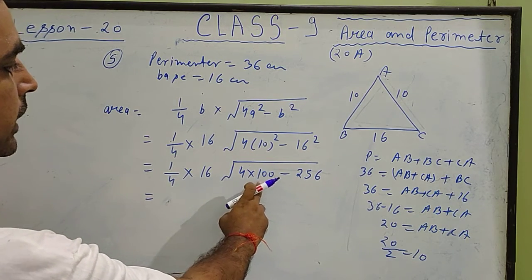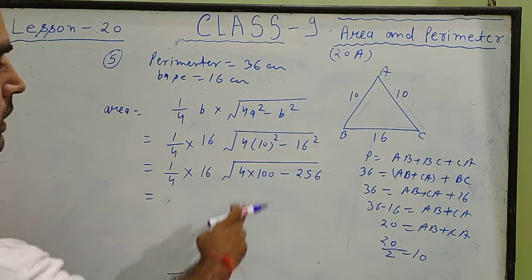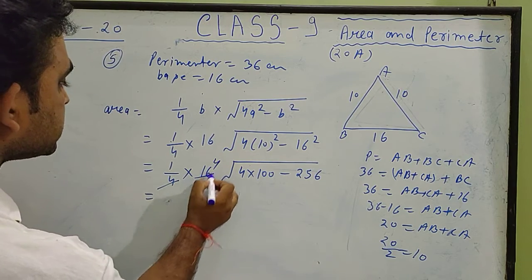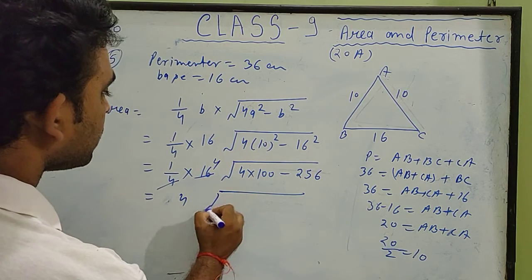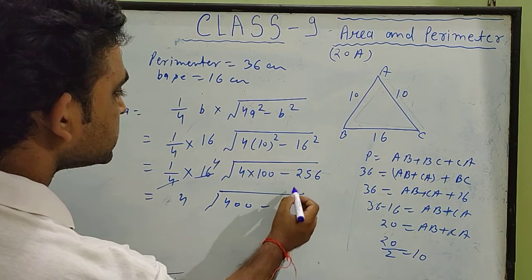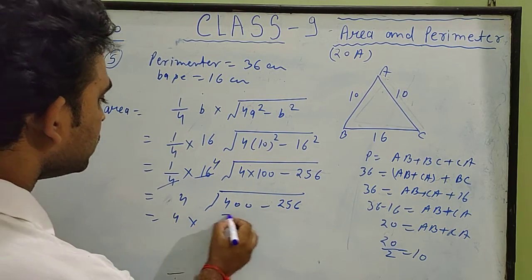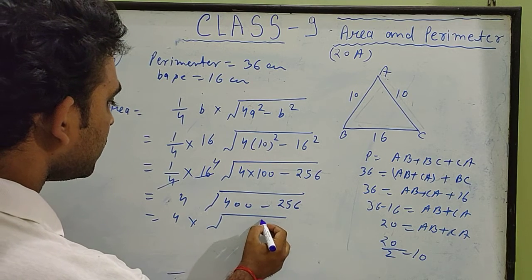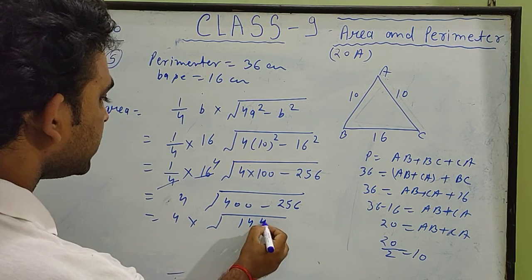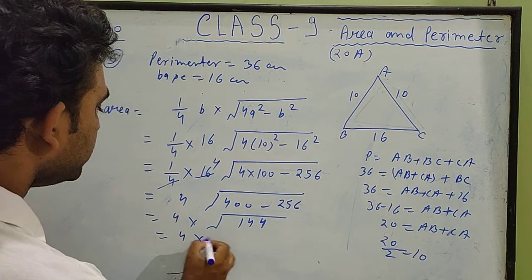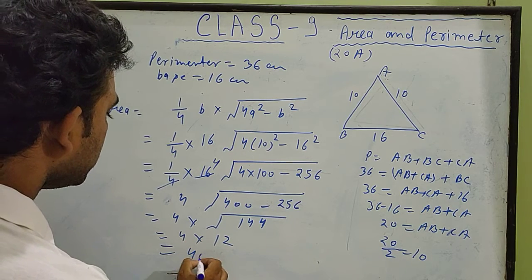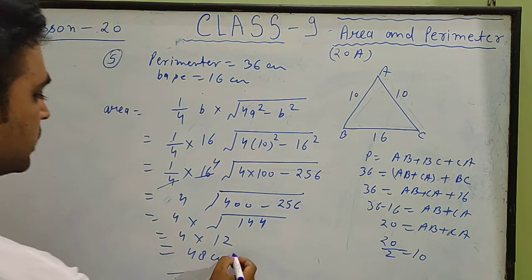10 square is equal to 100, 16 square is 256. 4 fours are 16. 400 minus 256 is 144. 4 into 12 is equal to 48 centimeter square.